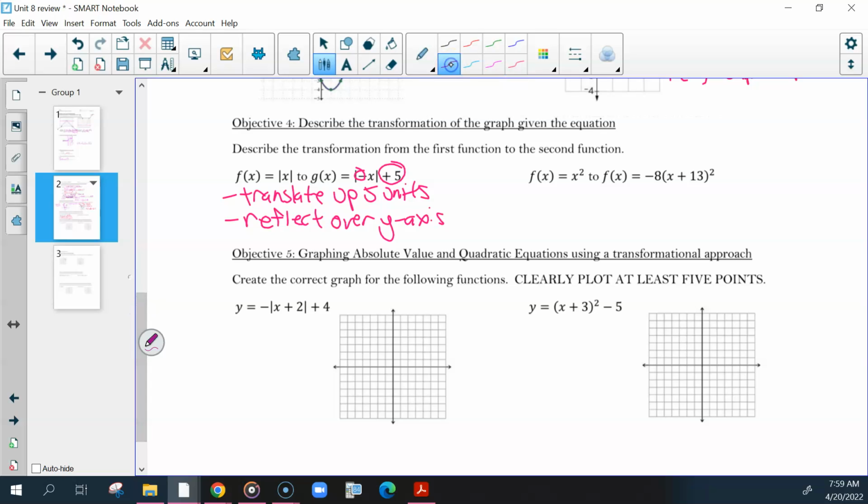In the second one, we have a negative, an 8, and this plus 13. So this one is going to have 3 things. The negative would be a reflection. Since it's on the outside, that would be a vertical reflection, or a reflection over the x-axis.